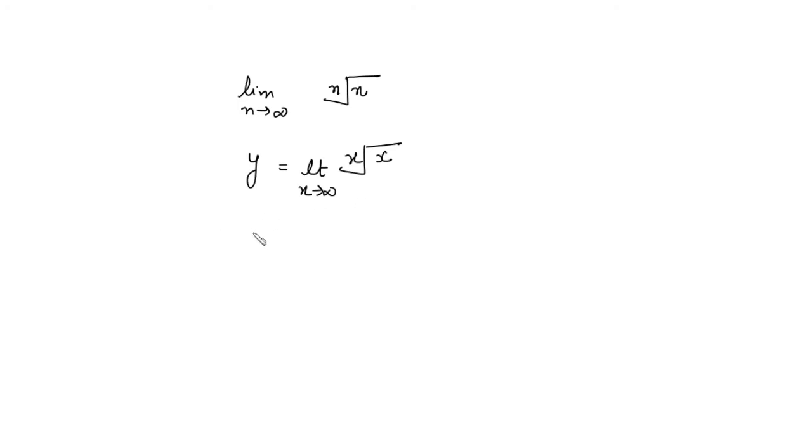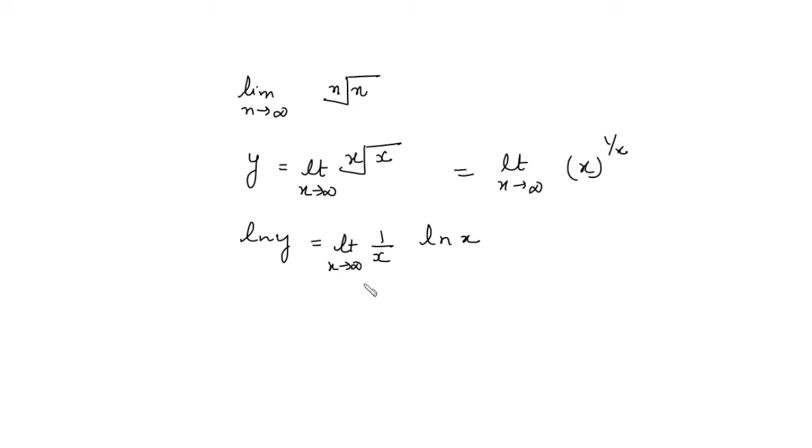So we can take log to both sides and we will have ln y equal to 1 by x into ln x, because this is x to the power 1 by x. So this is ln of x by x, where x is approaching infinity.